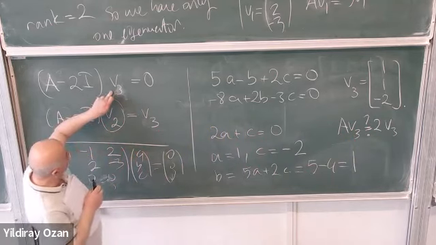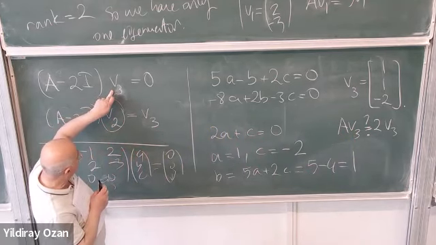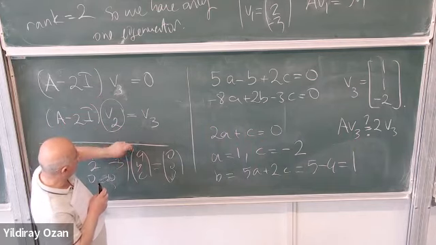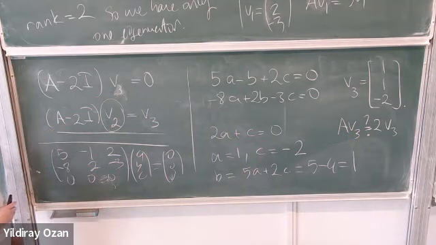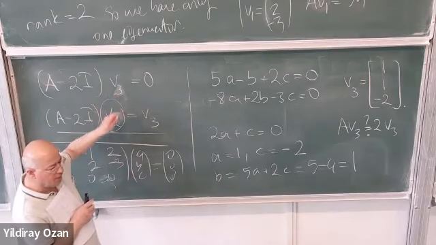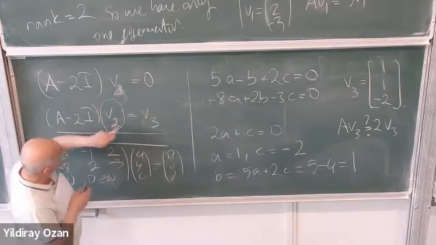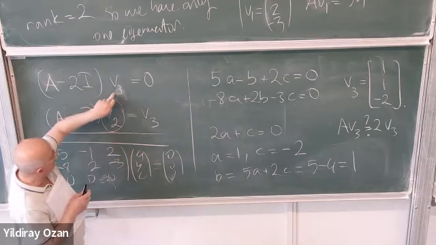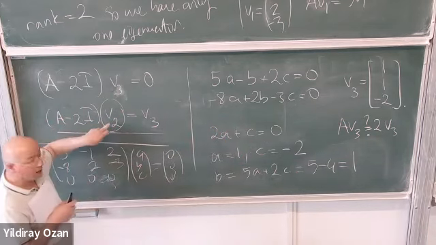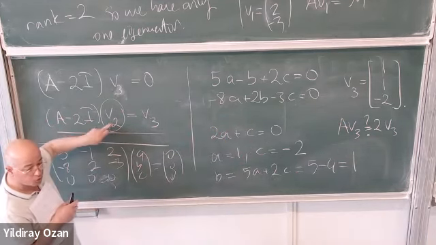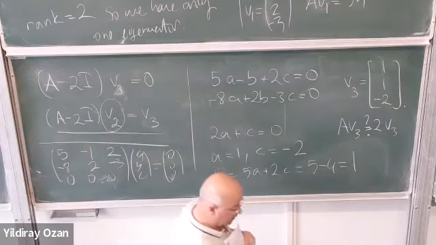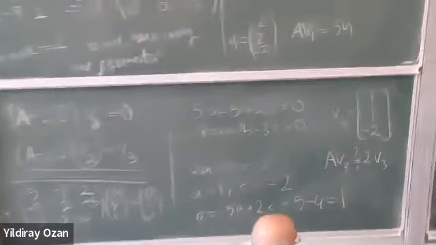Since we have already specified what our eigenvector is, B2 should be chosen so that it satisfies this system. Therefore, we just write that system and solve it.